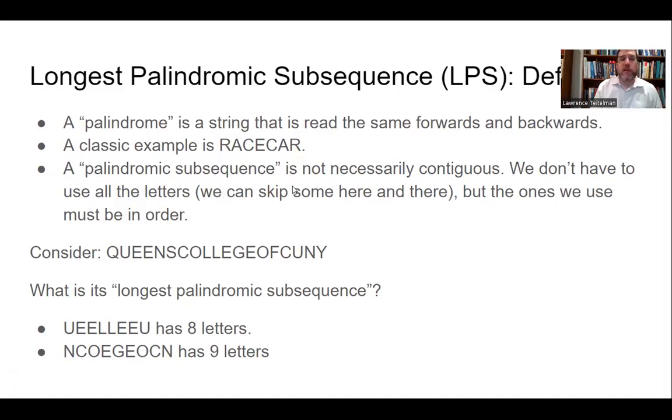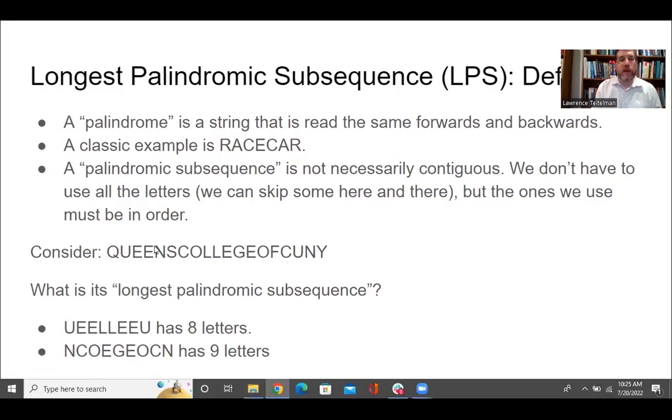But here's the thing. In a palindromic subsequence, the letters do not have to be contiguous. You can't change the order, but you can skip. You can skip around, right? So take a look on the bottom here. Let's say you take the words Queens College of CUNY. So I didn't run this through a program, but can anyone tell me the longest palindromic substring? Substring means contiguous, without skipping any letters.